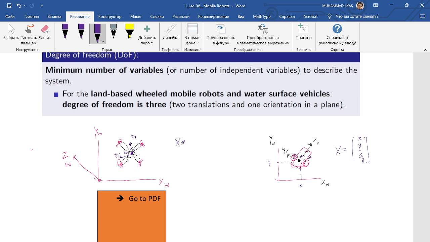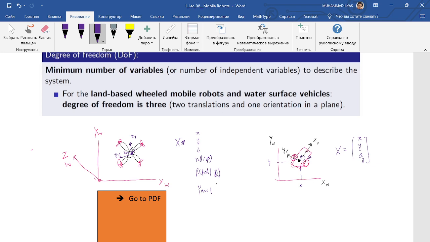Of course we can describe this system in 3D space with position and orientation. Position in this case is 3D: we have x, y, and z position, and also it has the roll angle, pitch angle, and yaw angle.